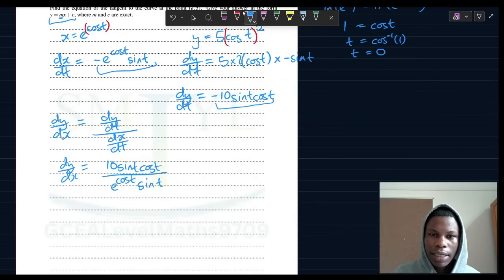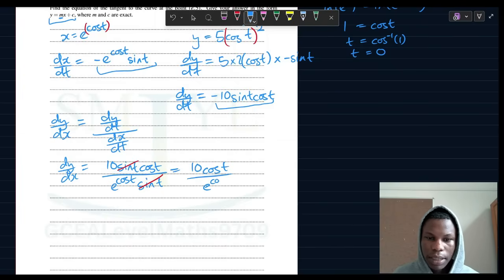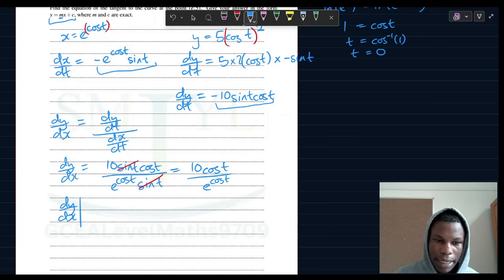Just notice that we can actually simplify our dy/dx here because we can cancel out sine t. And so we'd end up with 10 cosine t over e to the cosine t. Okay, perfect. And so now dy/dx at t equals 0 is just fancy notation for saying I'm finding what dy/dx is at t equals 0.